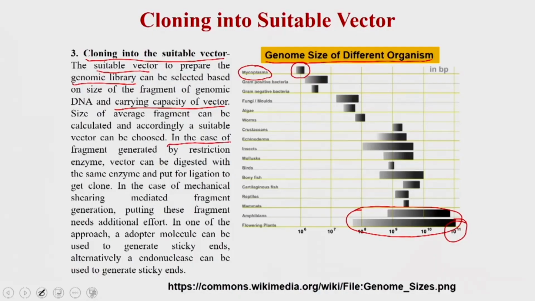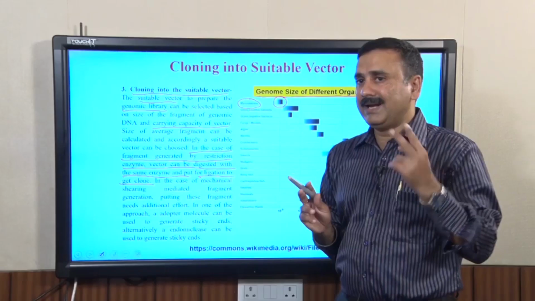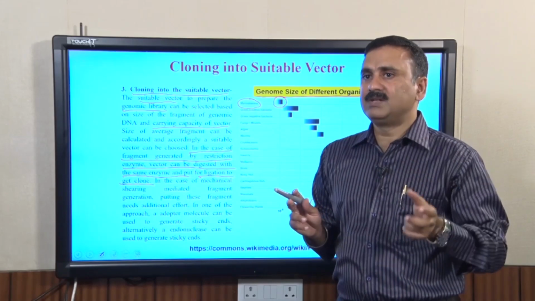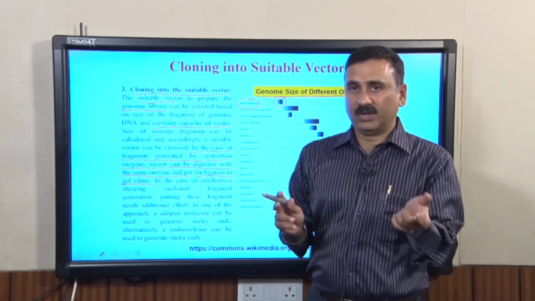In the case of the fragments generated by restriction enzymes, the vector can be digested with the same enzyme and put for ligation to get the clone. Whereas, in the case of mechanical shearing, it is not going to generate fragments which have cohesive ends.